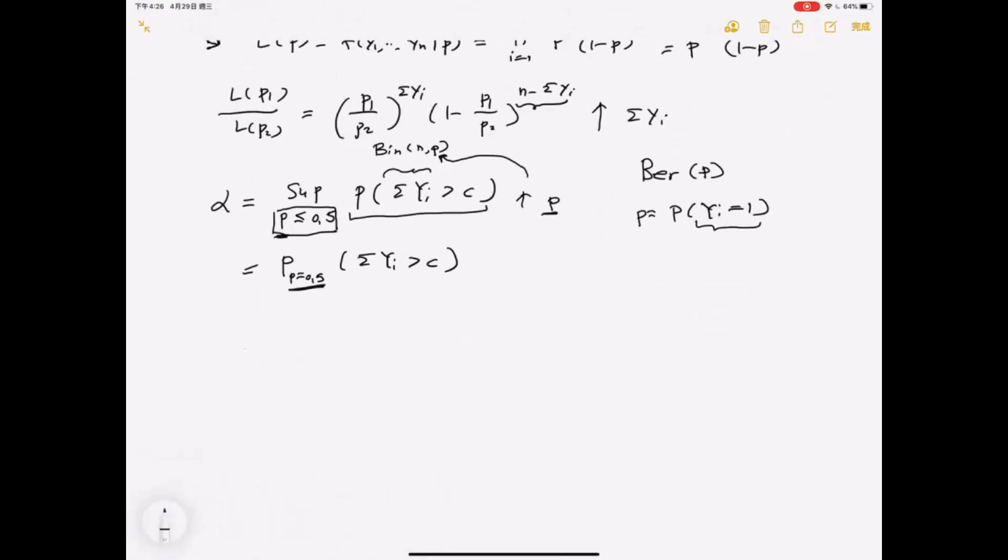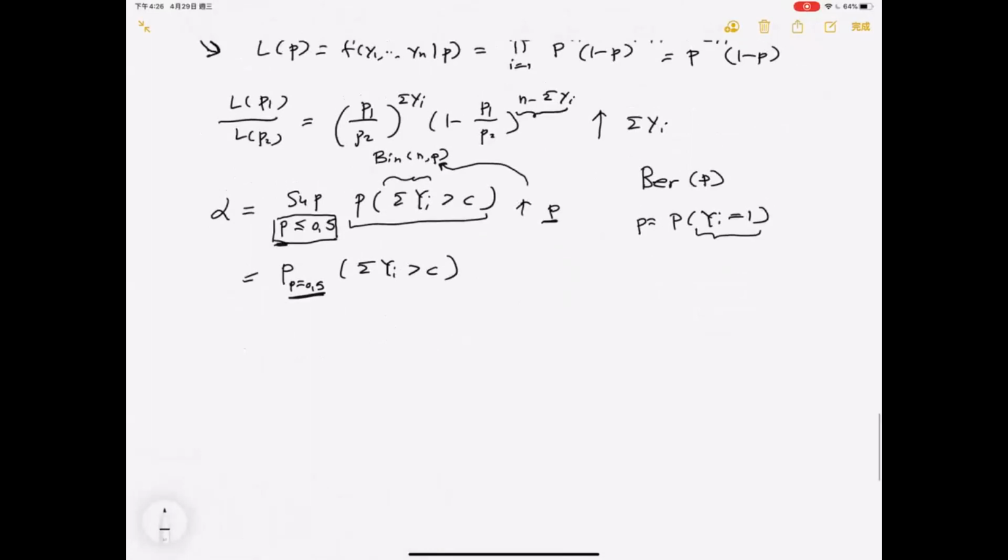Then another thing: could you actually find a c here that exactly makes your probability equal to alpha? The answer is no. I've shown you the Poisson case, right? I think the Poisson case is the same thing as the Bernoulli case here.